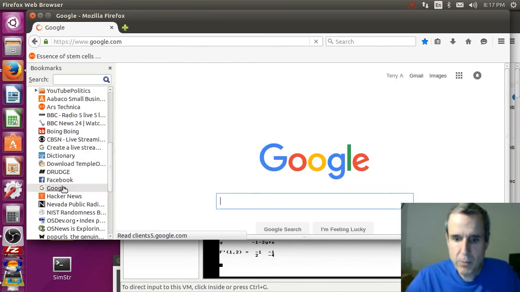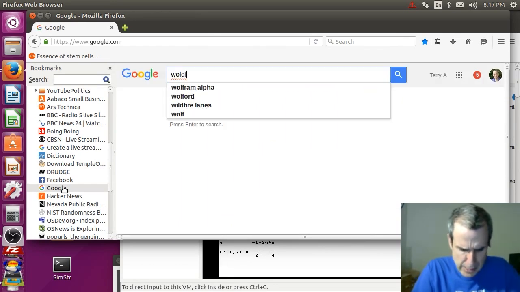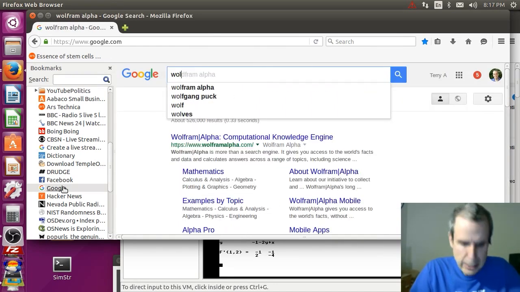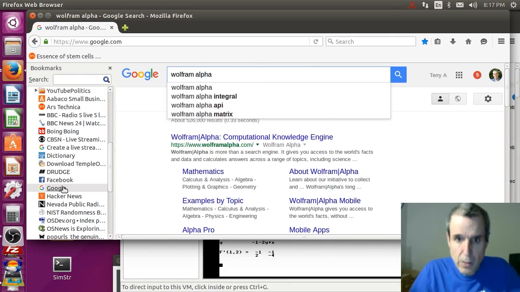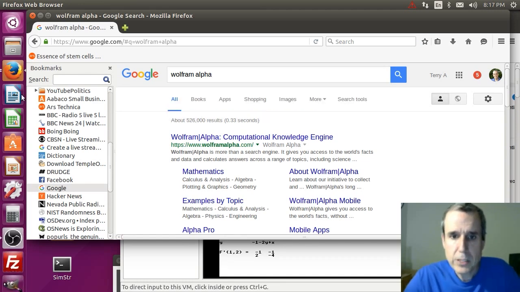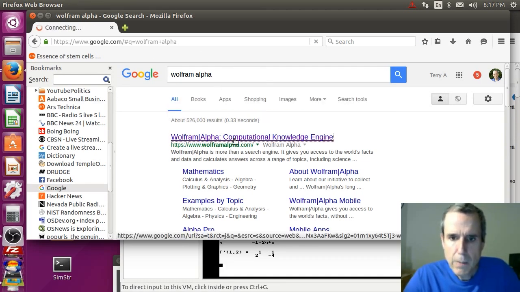Do we still remember how to find eigenvalues? It can't be that hard. It's a 2 by 2. Let's use Wolfram Alpha. I've never used this.